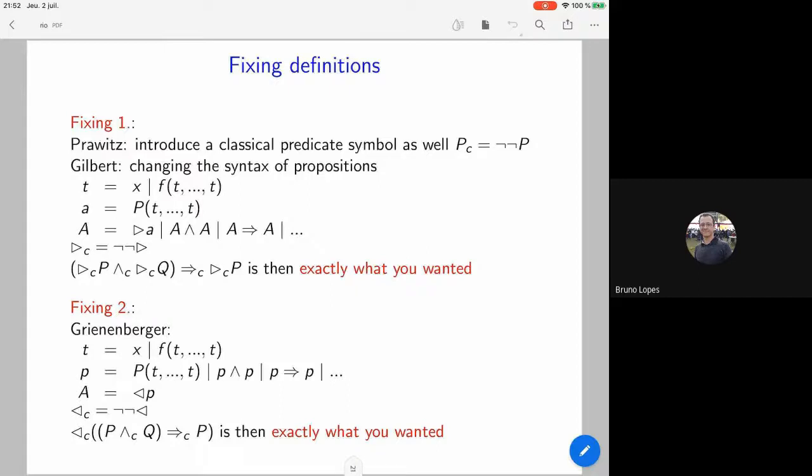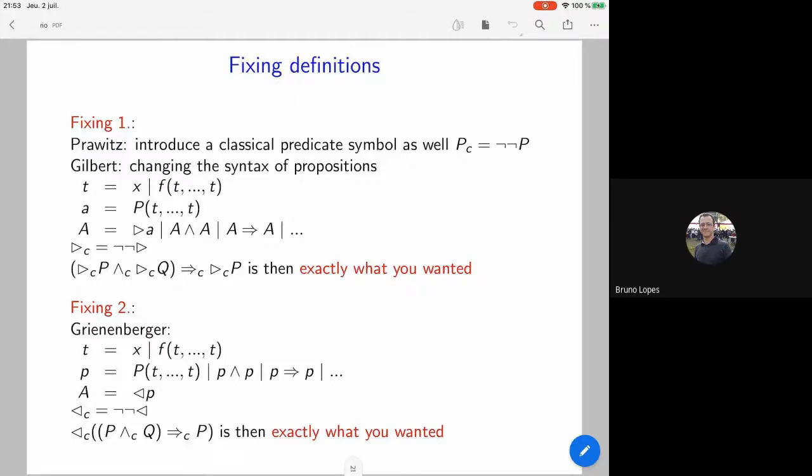And then you have to promote, to embed these pre-propositions into propositions by a kind of dual of the Gilbert operator. And if you do so, of course, you have also a constructive and a classical version of this symbol. So now the proposition P and Q implies P, where everything is classical, is written as it is on the last line. And when you unfold the definitions, you get exactly what you wanted.